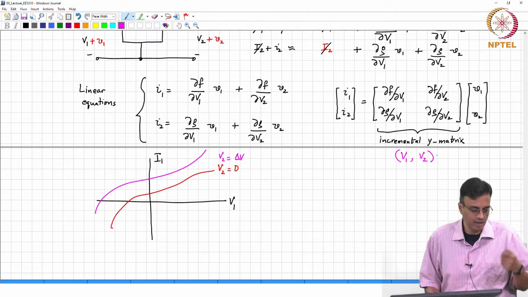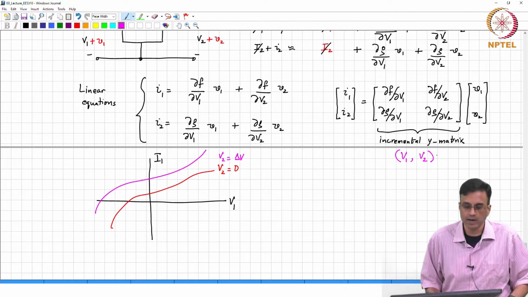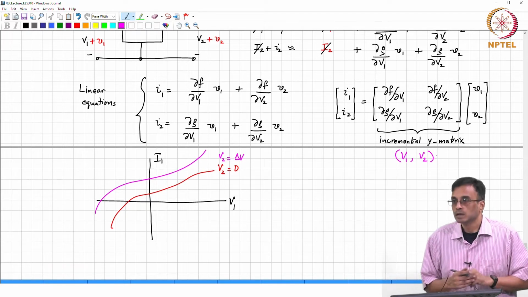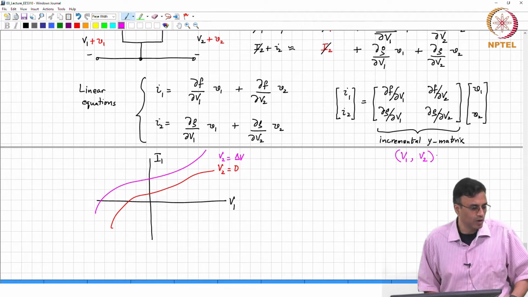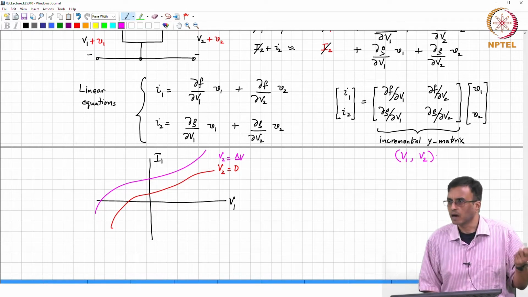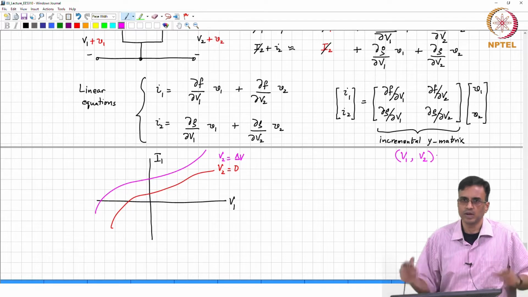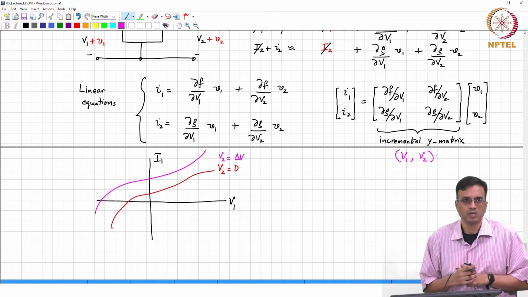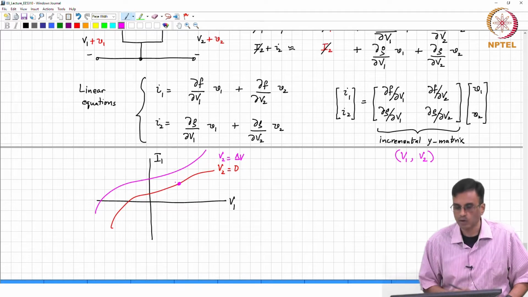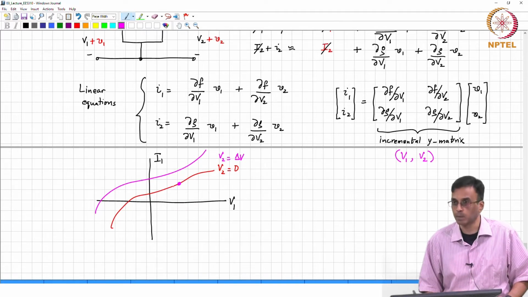In the case of a nonlinear 2 terminal element, the operating point was simply either the voltage or the current, because once you know one, you know the other. Now, you need to know both quantities, V1 and V2. So, that is the operating point. On this picture, for example, let us say this is your operating point.